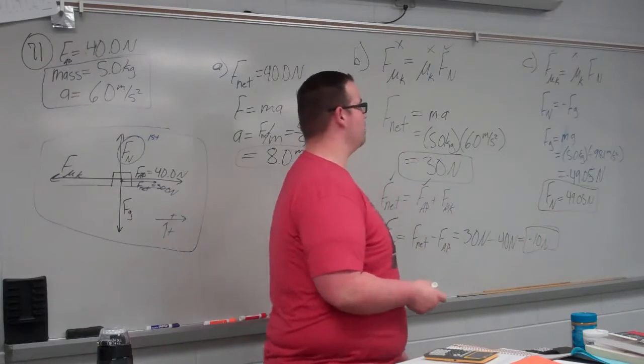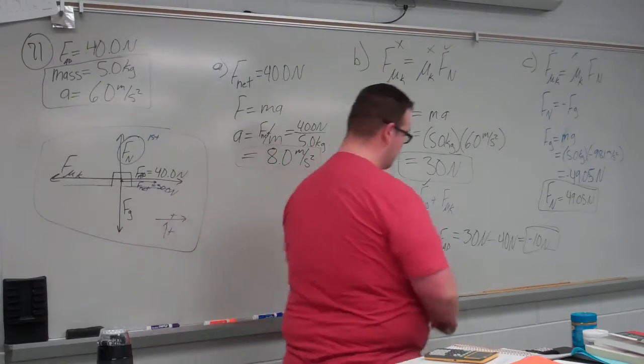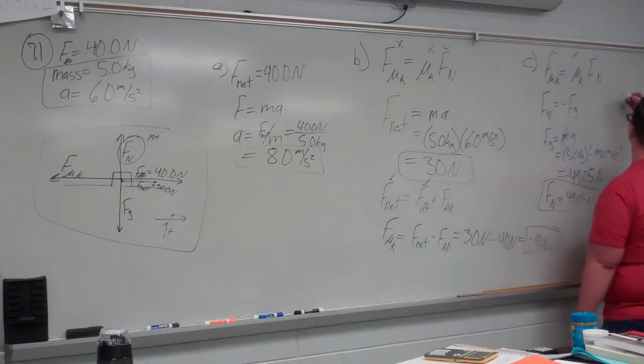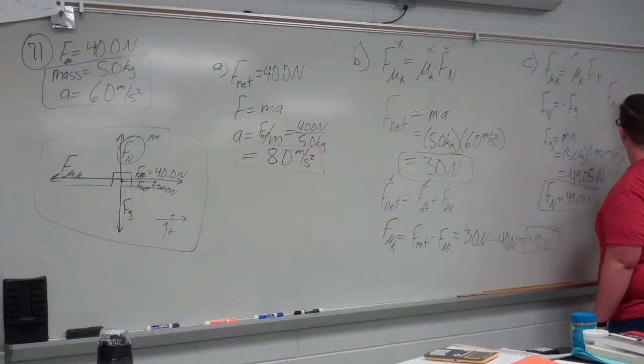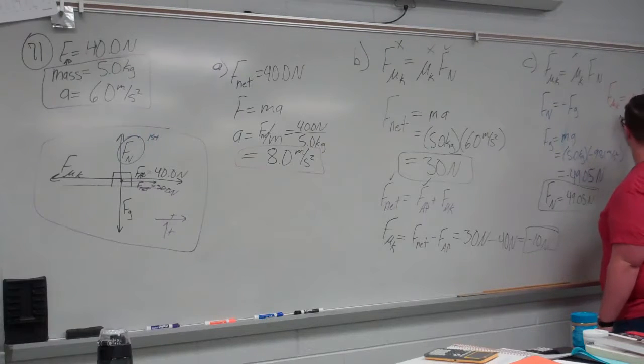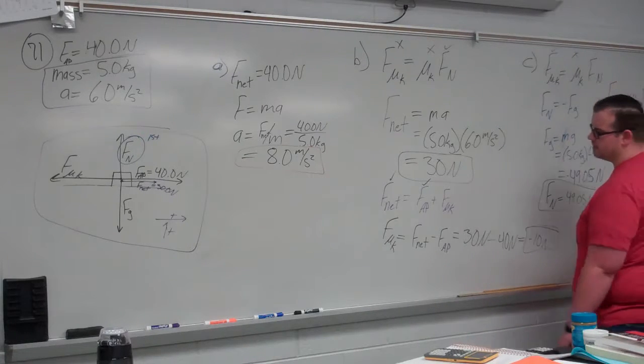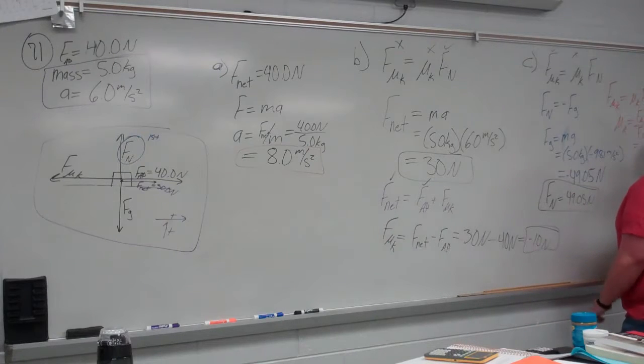Which means I can now solve for the kinetic coefficient. Do it in red. So my kinetic coefficient: force of kinetic friction equals kinetic coefficient times normal force. Kinetic coefficient is equal to the force of kinetic friction divided by my normal force, which is equal to force of kinetic friction, we saw to be negative 10 newtons, divided by the normal force, and my normal force is 49.05 newtons.